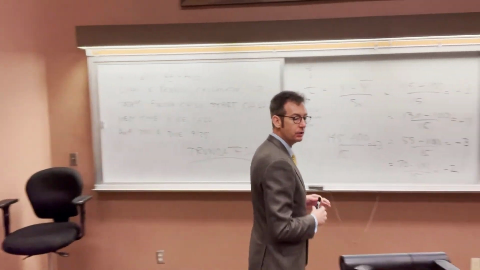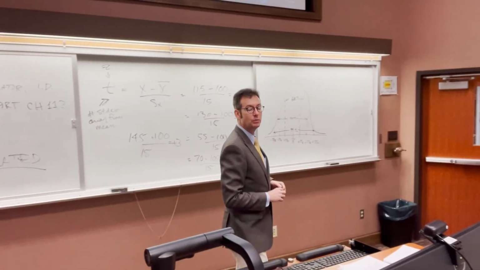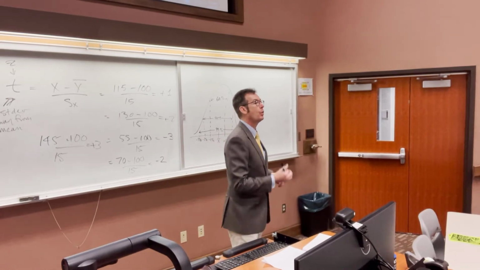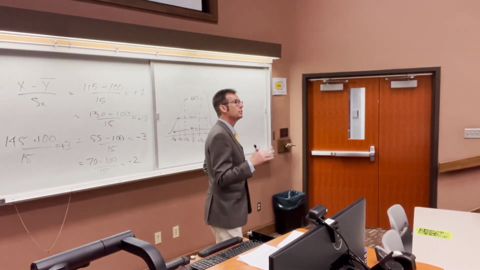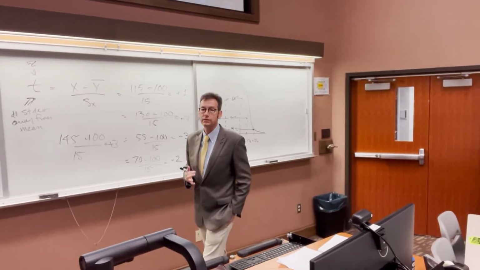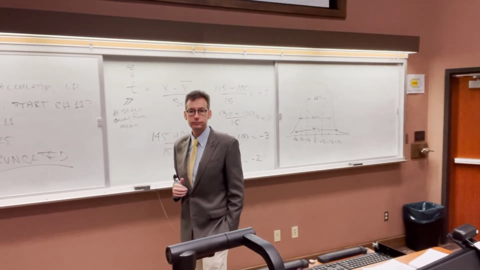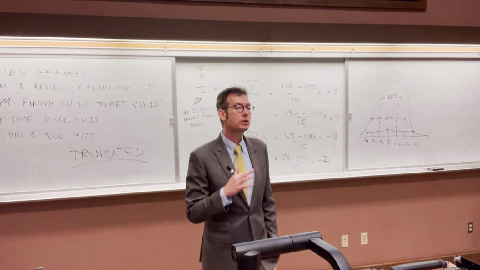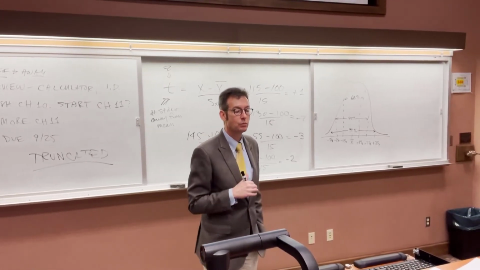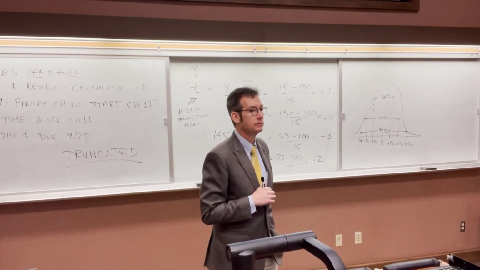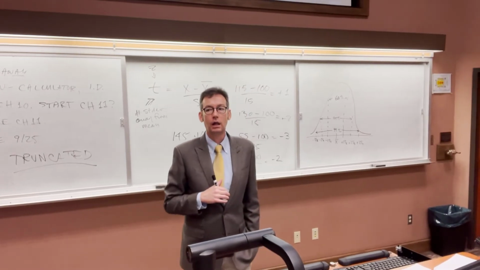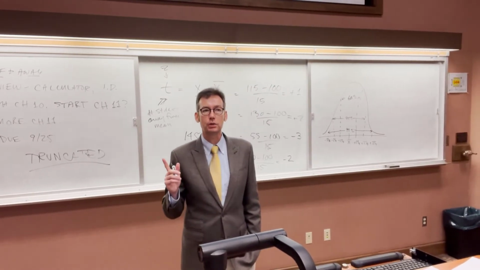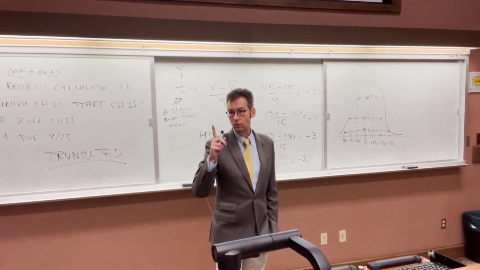What if I ask you, what is the probability that the stock will not lose more than 8.7%? What's the probability the stock will not lose more than 8.7%? So how many standard deviations below the mean am I? 1.